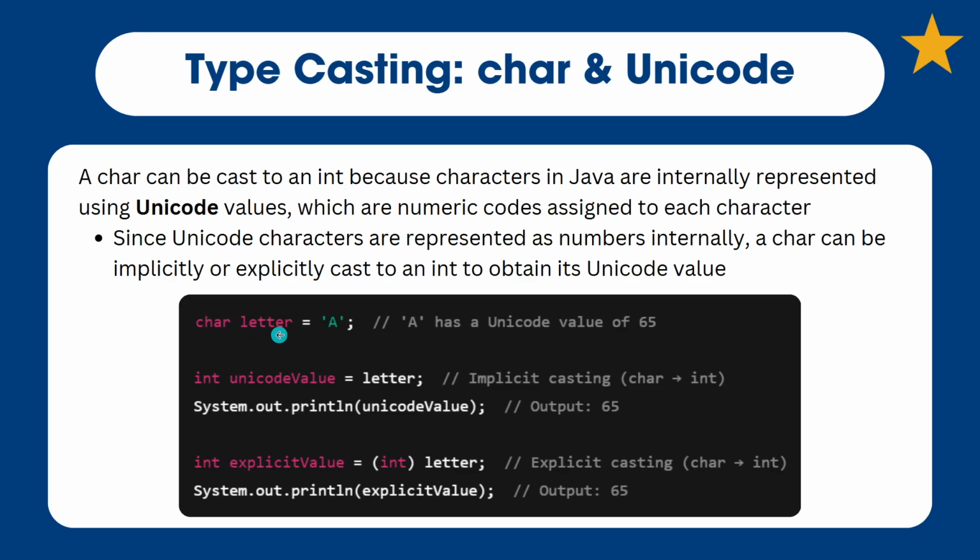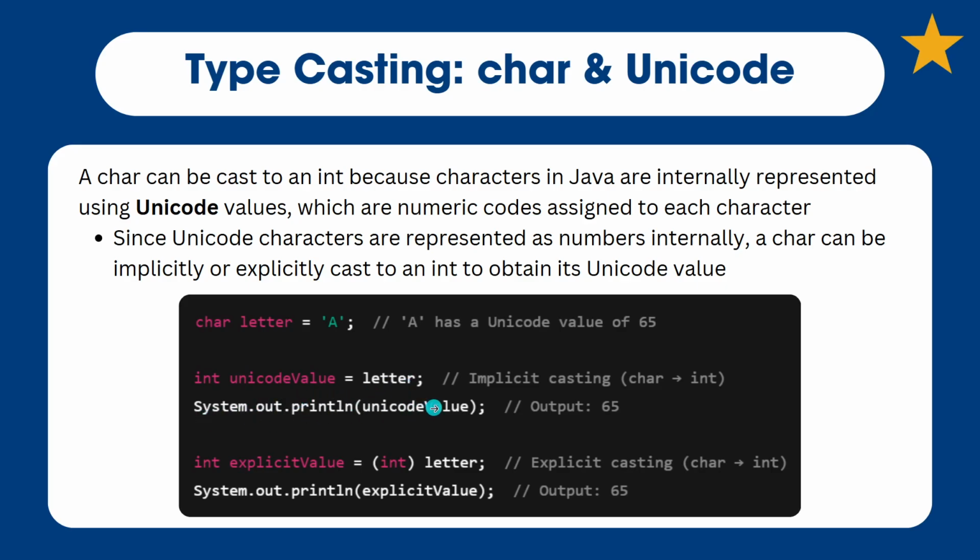So let's take the char letter of A, the uppercase A. If you do an implicit casting where you just throw it as an int in this variable declaration, you're saying, hey, assign the value of letter, which is the letter A, into this int unicodeValue, Java's going to say, I got you. I know what you're doing.